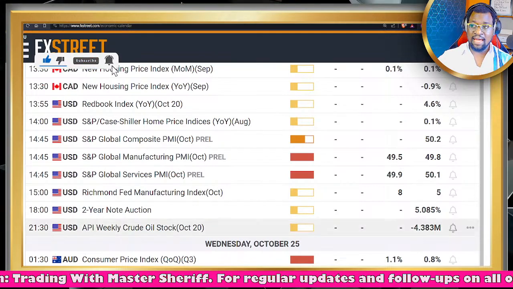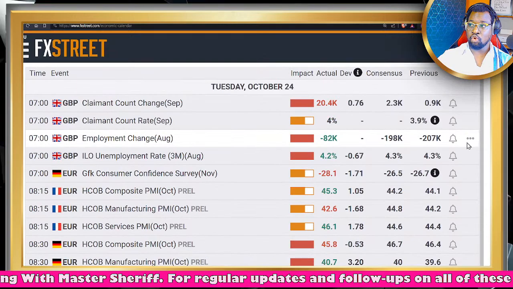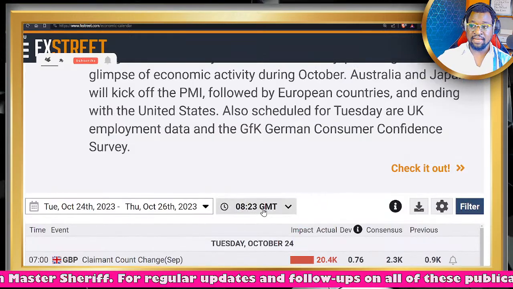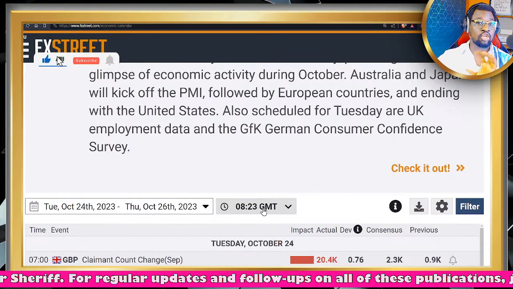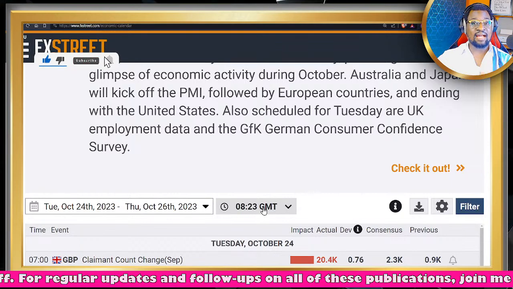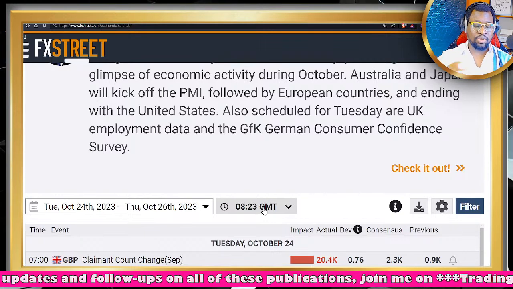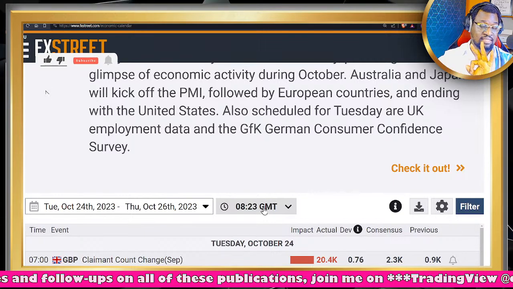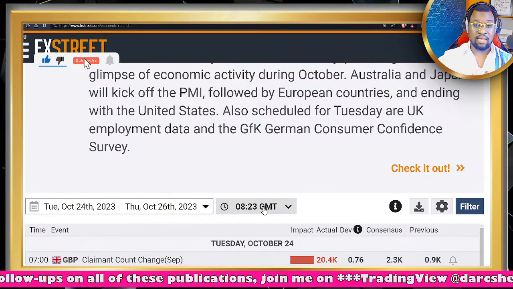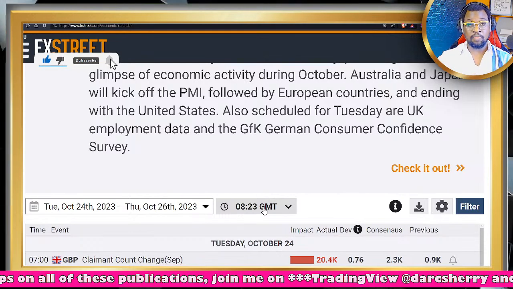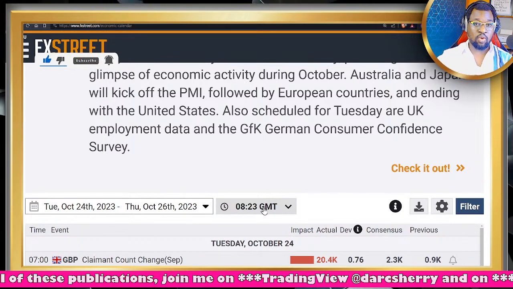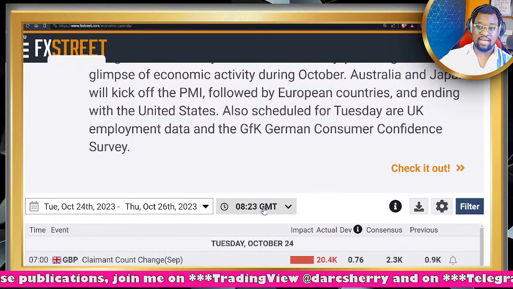So on the economic calendar, we usually focus on high impact events coming in from economic dockets that affect the assets on our watch list. And based on the assets we are looking at this week, remember we have three major assets for this week. We have the USOILSPOT, we have the GBPUSD, and of course the XAUUSD, which is popularly known as the gold spot.